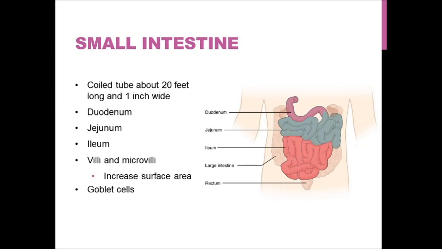So that was all mechanical digestion. Chemical digestion is taking place through enzymes. There are enzymes all throughout your body that are going to speed up chemical reactions and help to break things down from a chemical standpoint.